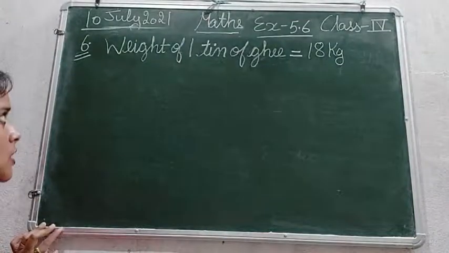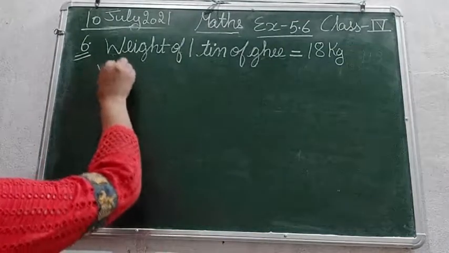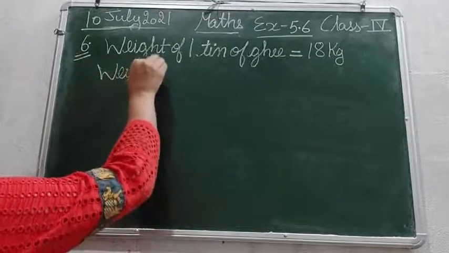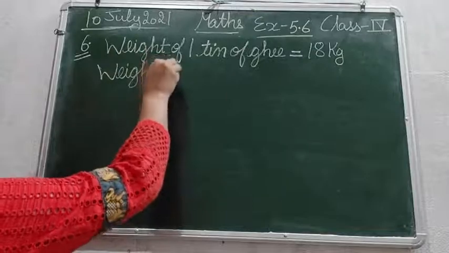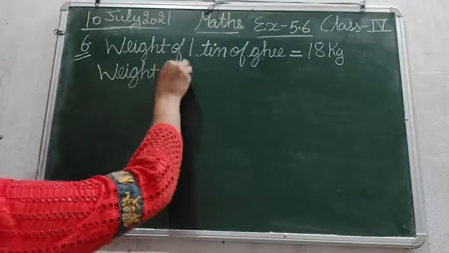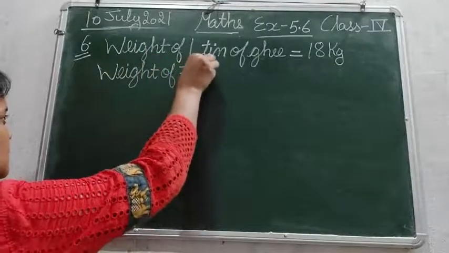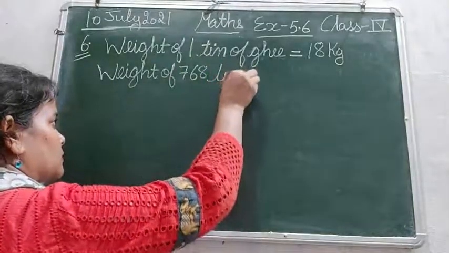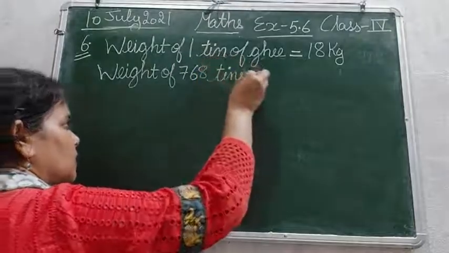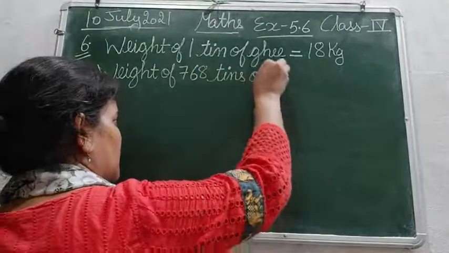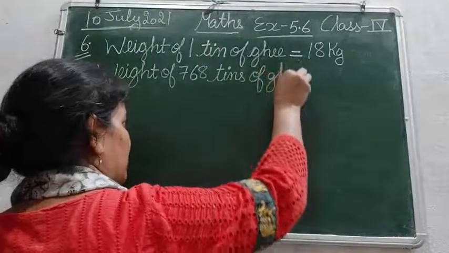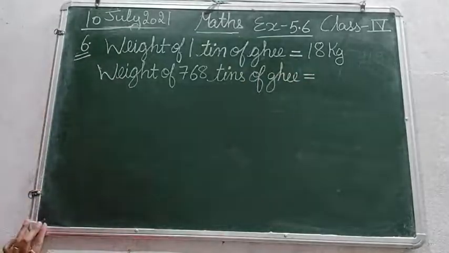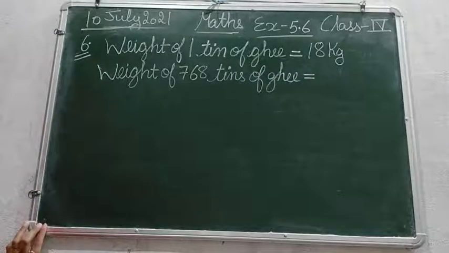ओके, तो लिखिए weight of 768 tins of ghee. So that we need to calculate. Weight of 768 tins of ghee, that we need to calculate.